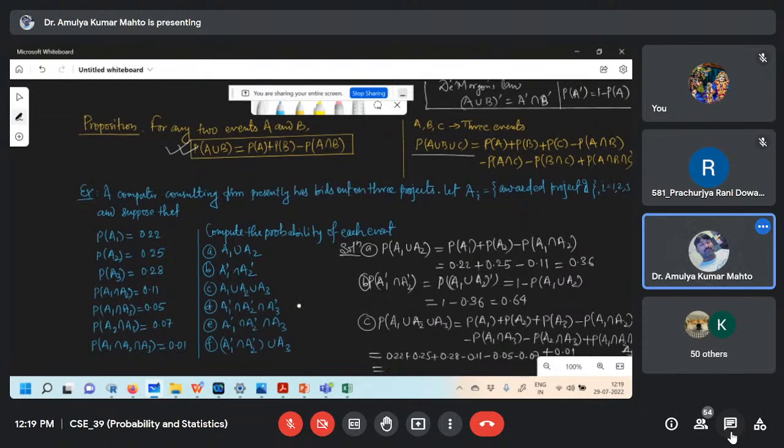You can compute these values, you can calculate it, and this value is going to be, anyone? Is it fine? Yes, sir. So this is the value of probability of A1 union A2 union A3.